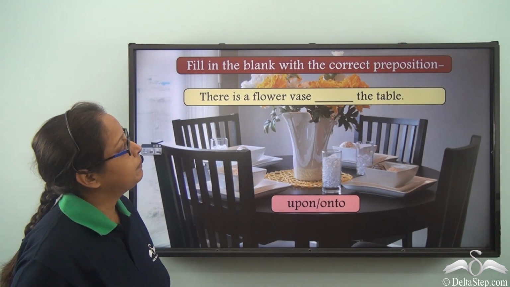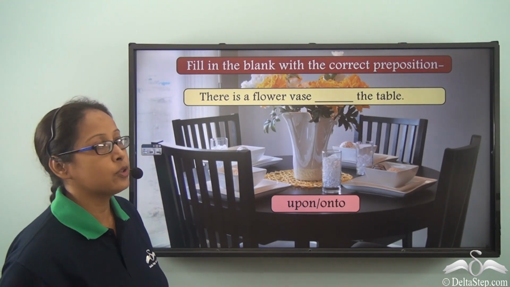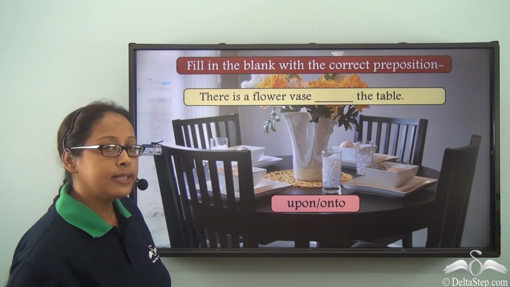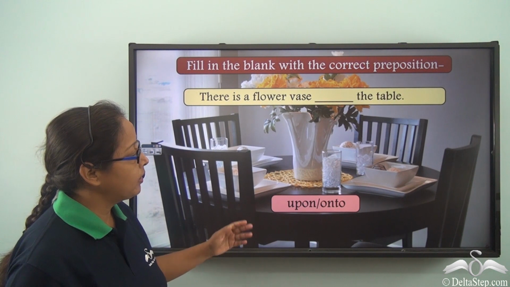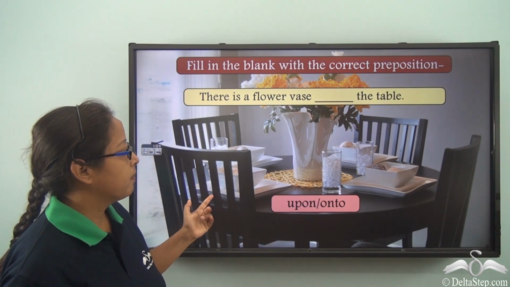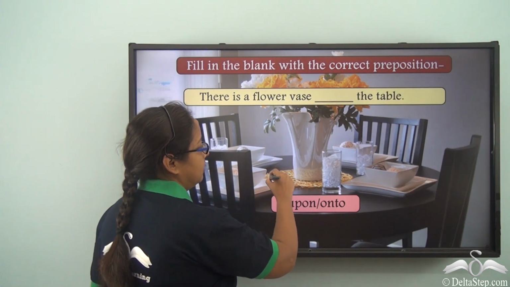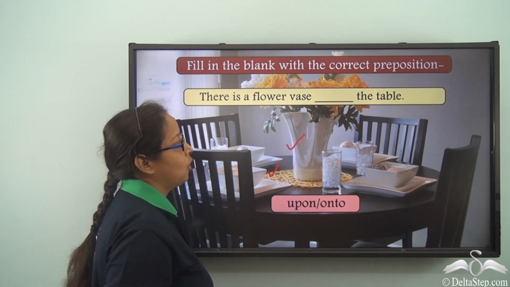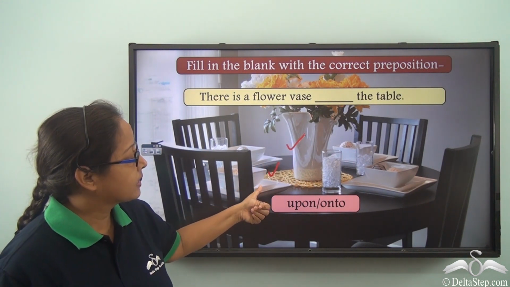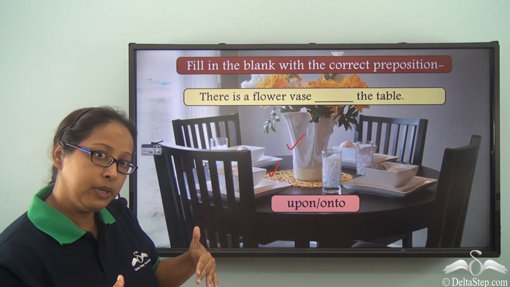Now let's fill in the blank with the correct preposition. There is a flower vase, dash the table. The options are upon and onto. Now let's check the picture. So here is the table. And this is the vase that we are talking about. So we can see that the vase is kept on the surface of the table.